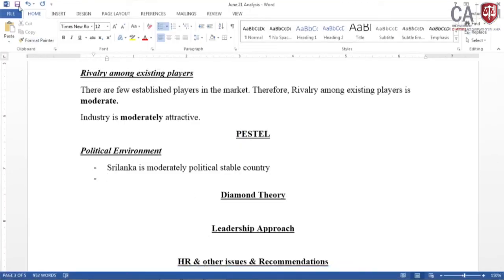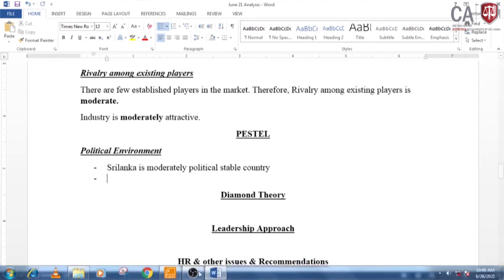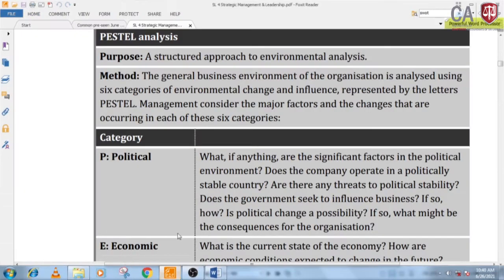What about government support for this industry? I think there is ongoing support.